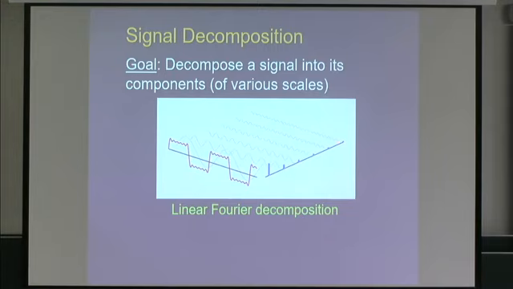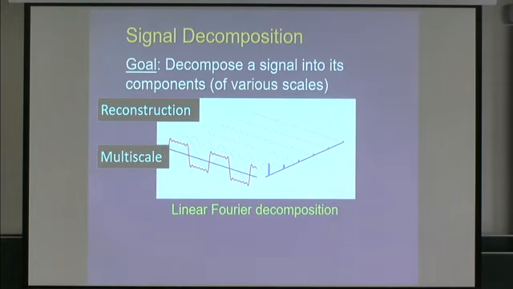The sum of them gives you this signal, and these are the amplitudes of the sine functions. What you basically want from a general decomposition, not only Fourier, is to reconstruct back the original signal, of course. Then usually you want to have multi-scale, like different frequencies, different sizes.